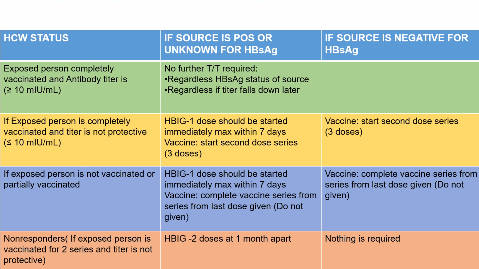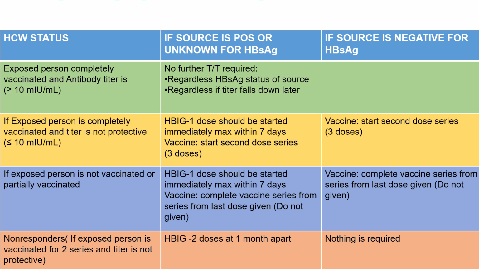If source is negative for HBsAg. If the exposed person is completely vaccinated and titer is not protective, less than 10 milli-units per ml, one dose of HB immunoglobulin should be started immediately, maximum within 7 days. Vaccine starts within 7 days, starts second dose series, 3 doses.